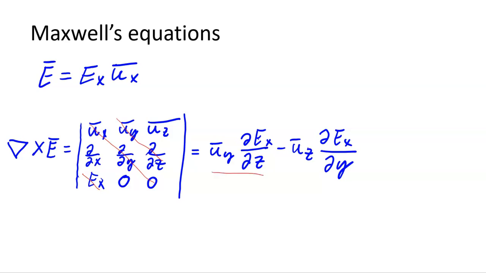We have the first component along the UZ, we have again 0, and in this direction we have the component along Z direction.